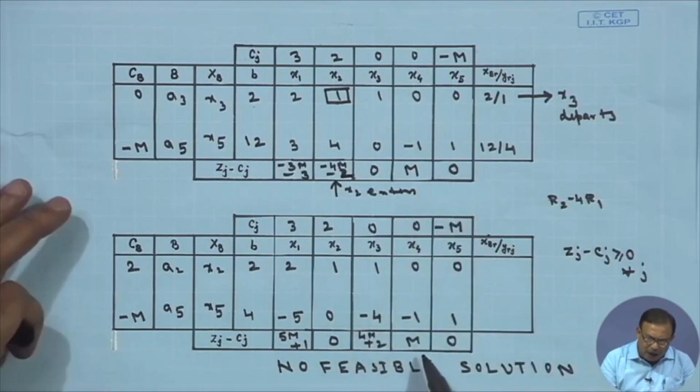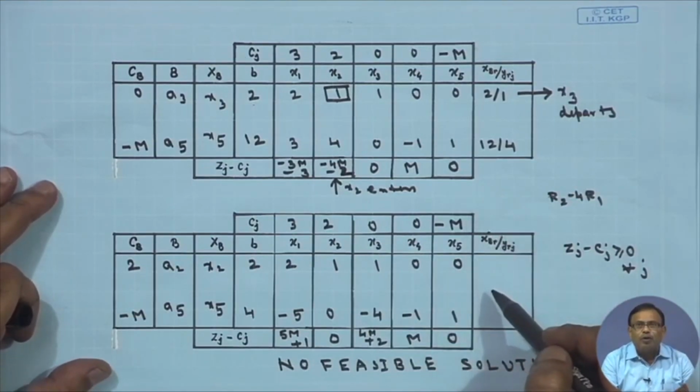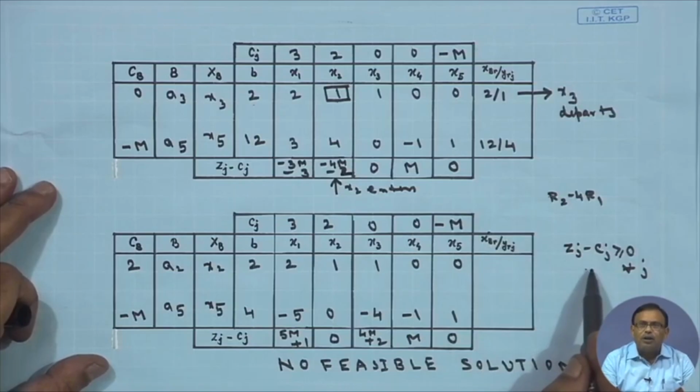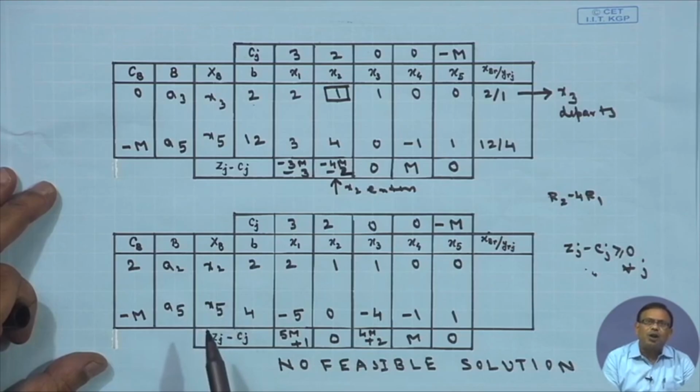So, in the second iteration whenever you are doing it, you are finding that all zj minus cj are greater than or equal to 0, but one artificial variable is present in the basis. We could not remove this artificial variable.